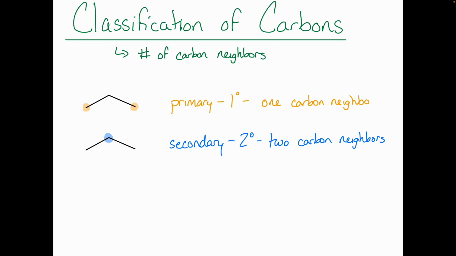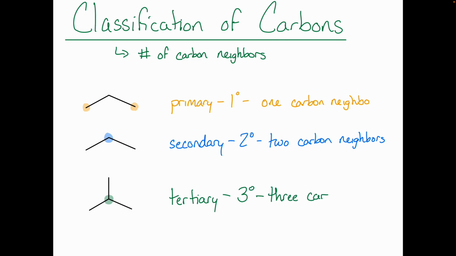Okay, so now I'm going to draw a new structure here where this middle carbon is bound to 3 other carbon atoms. This is what we would call a tertiary carbon. Again, we use that 3 degree symbol.